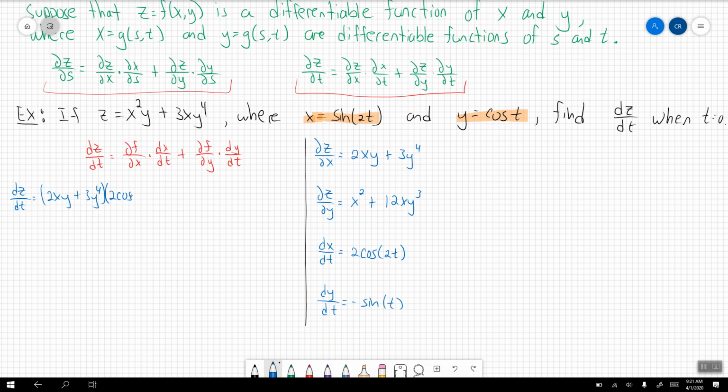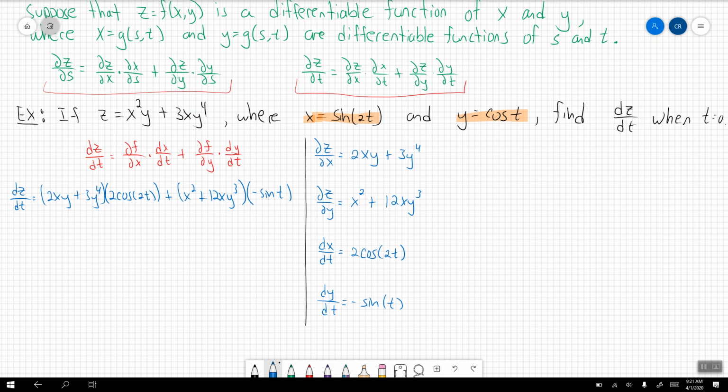That's 2 cosine of 2t, plus the partial of the function with respect to y. That was x squared plus 12xy cubed, multiplied by the derivative of y with respect to t, which is negative sine t.